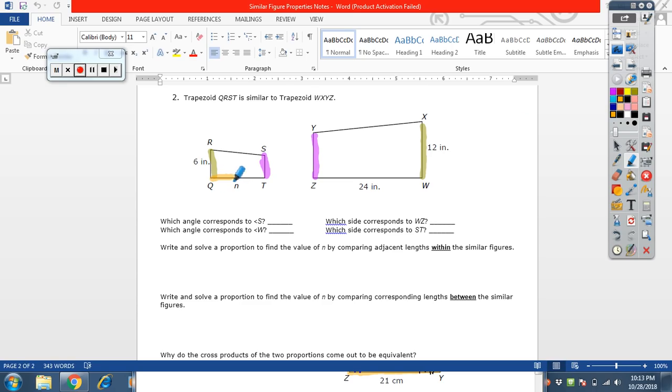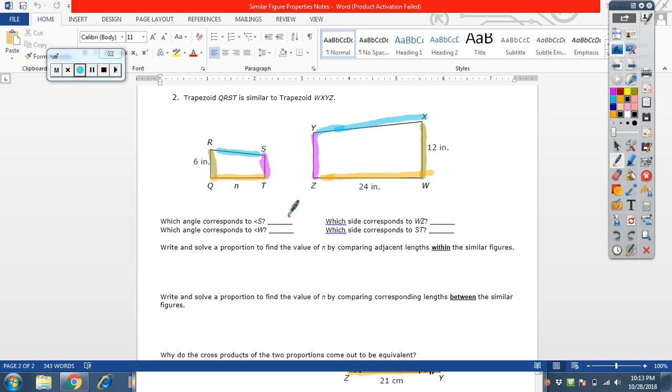This side is straight. This side is straight. Color haven't I used yet? Blue. This side is slanted. This side is slanted. So they're not facing the same way, and that's okay.